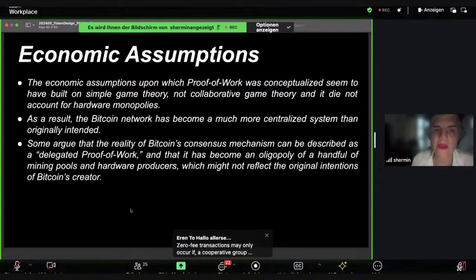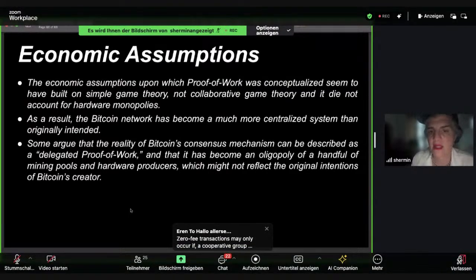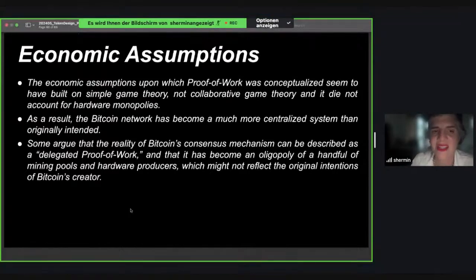So some argue that the reality of Bitcoin today, Bitcoin's consensus mechanism, proof of work, can be described as a delegated proof of work, because mining pools are in the end delegation systems, where the vote over which transaction is valid or not is delegated to the mining node operator.